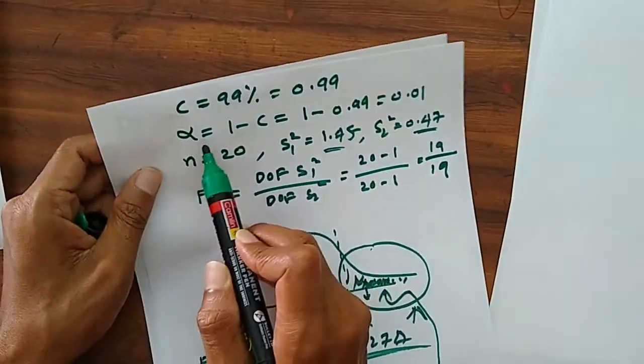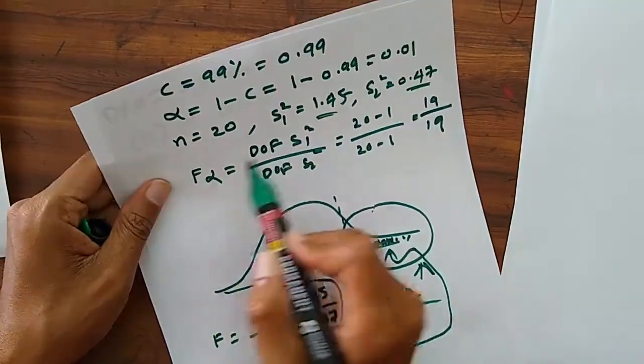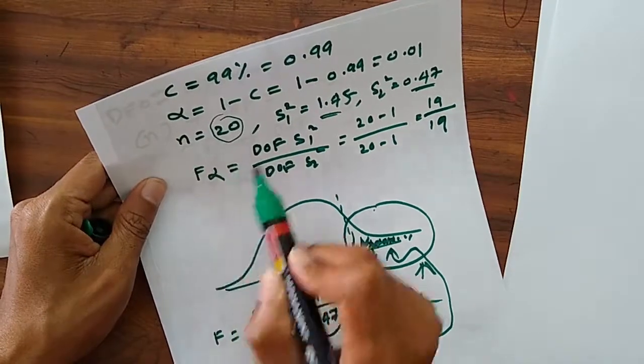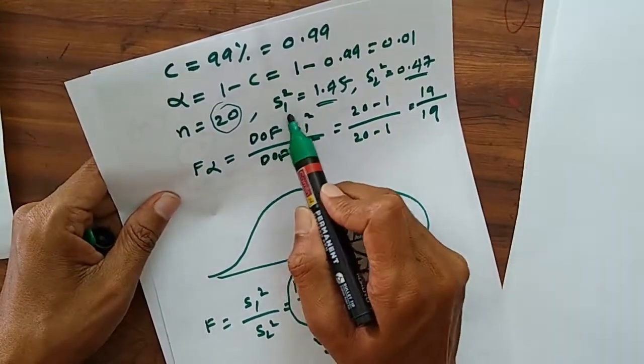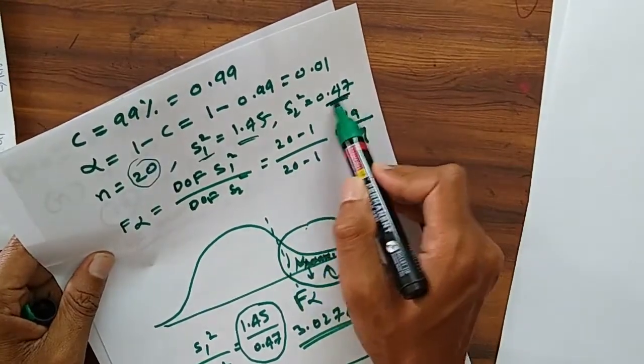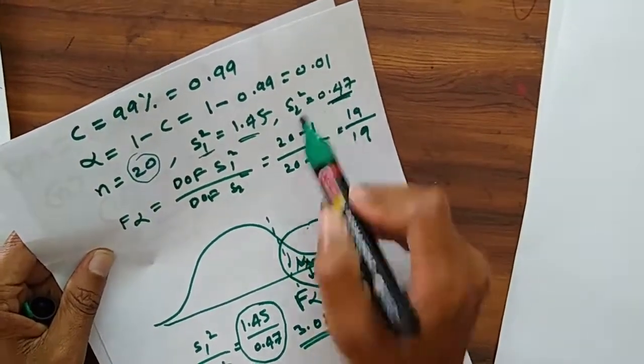That means our alpha will be 1 minus confidence. In both locations we took 20 samples, so n is 20. Our first sample variance is 1.45, and the second sample variance is 0.47. These values are already given.